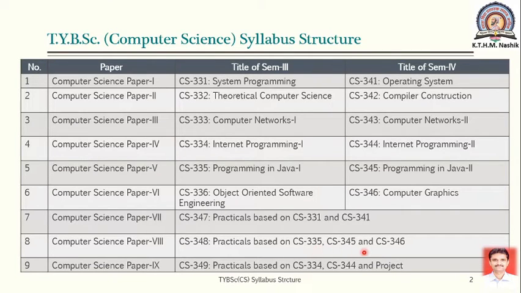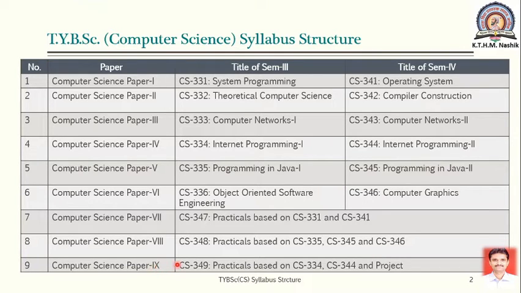In addition to this, computer graphics will also be covered in this practical course. You have to use either C++ or Java as a language to implement computer graphics algorithms. Then in this practical course, you also have to develop mini projects in computer graphics.